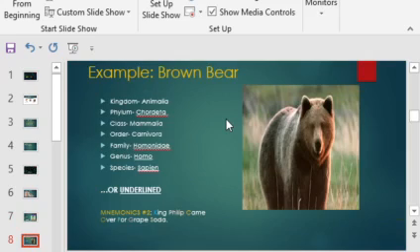So as we said, the genus and the species, they can be italicized or they can also be underlined. So whenever you're writing these, genus and species levels of the hierarchy should always either be underlined or italicized.